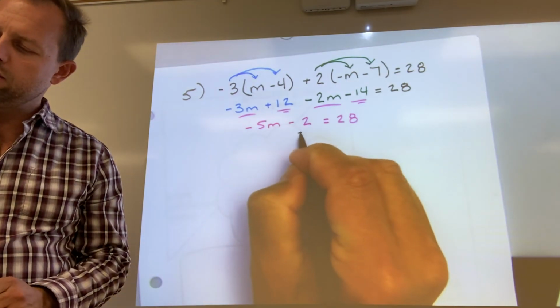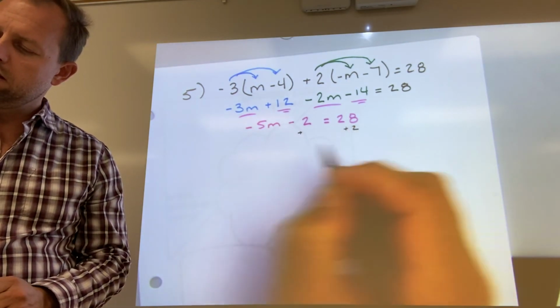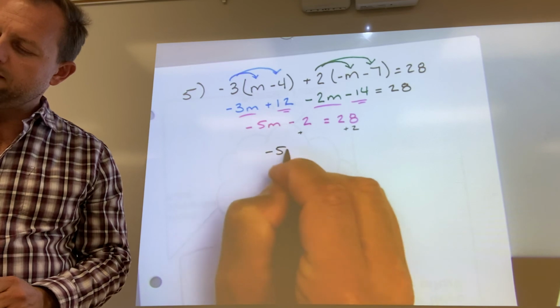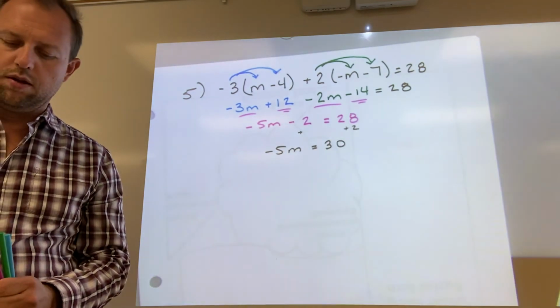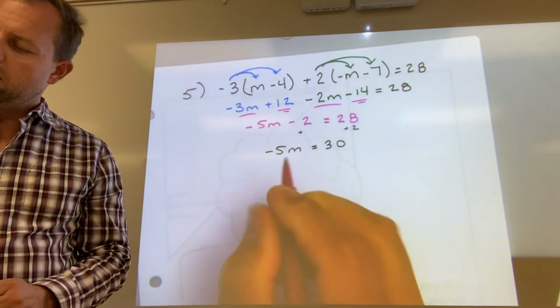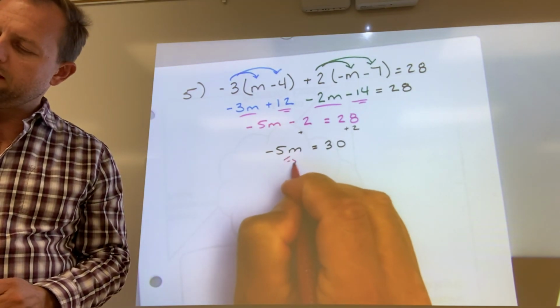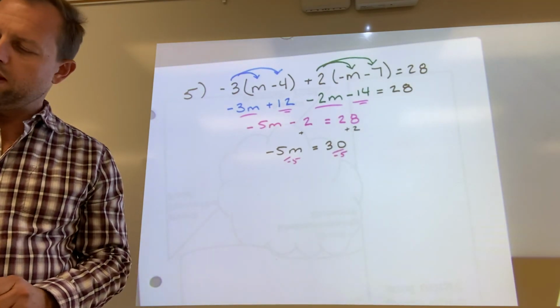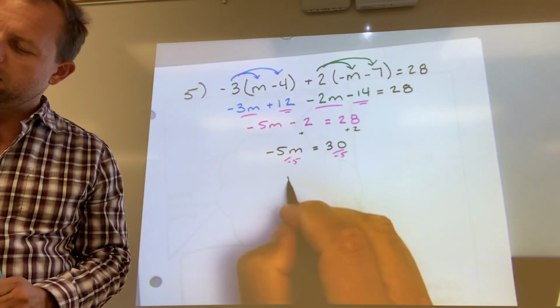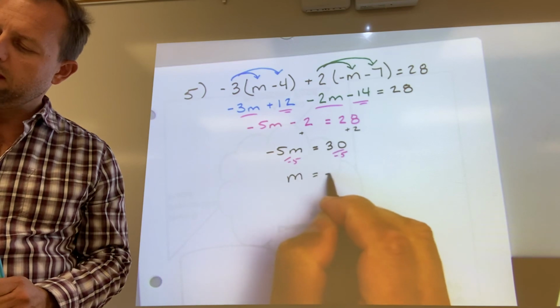We can add the 2 to both sides. So we're left with negative 5m equals positive 30. And if we divide through by the negative 5, we are left with m equal to negative 6.